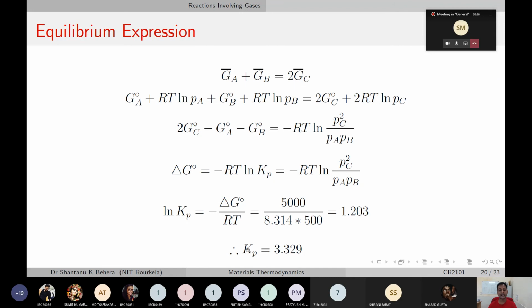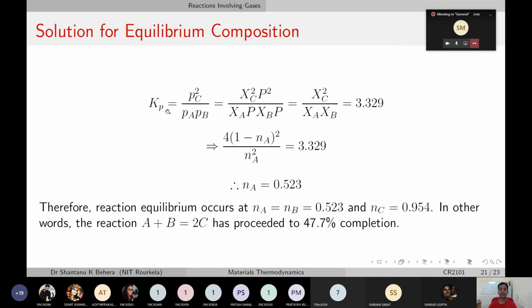Now, because you know Kp, can you find out the equilibrium composition? I think that'll be easy. And this Kp is Pc² by PaPb. Now you have Pc, Pa and Pb, and you convert that to the number of moles of gases available, and likewise you can find the mole fraction in the system.